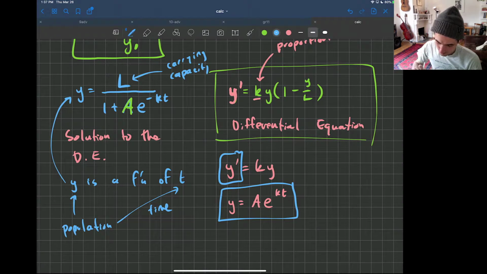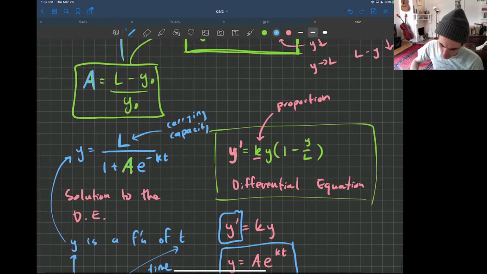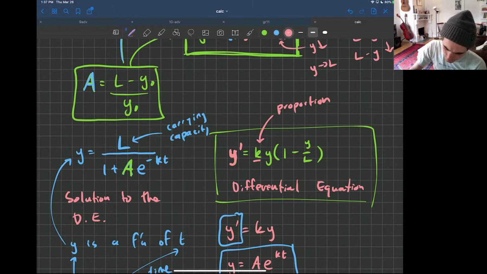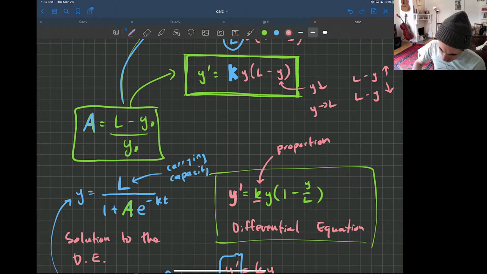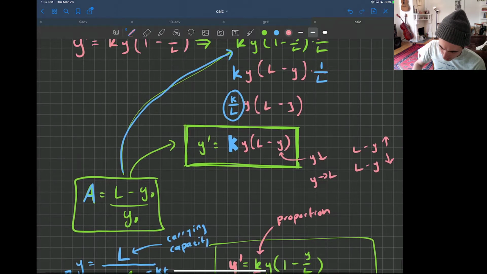So yeah, I just want to go over a couple of the different formulas. I'm going to break it down into 4 formulas that you should know, and you should be able to go back and forth between them.